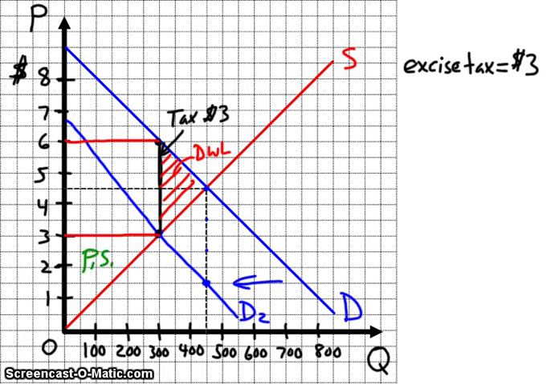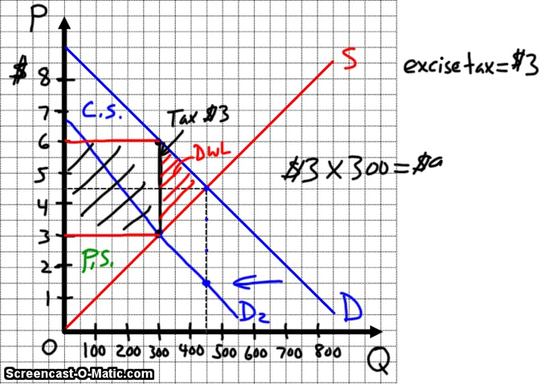Their new surplus is here, consumers is up here, and tax revenue is once again represented by $3 times 300 units, which is 900. So everything else is the same.